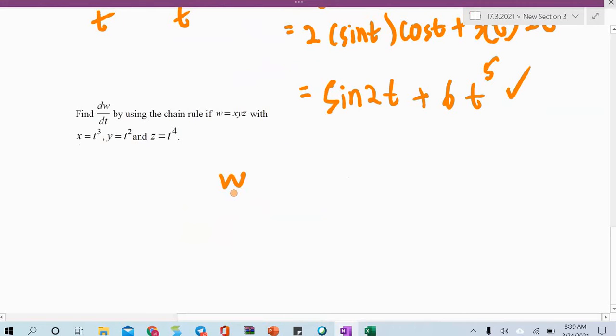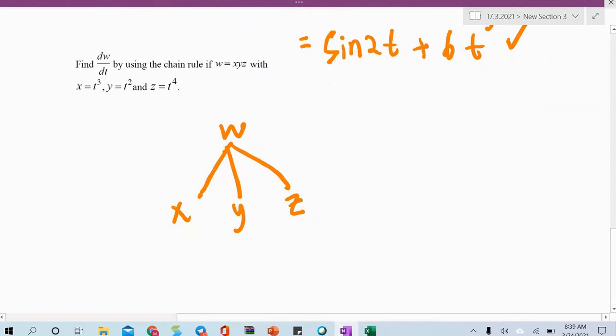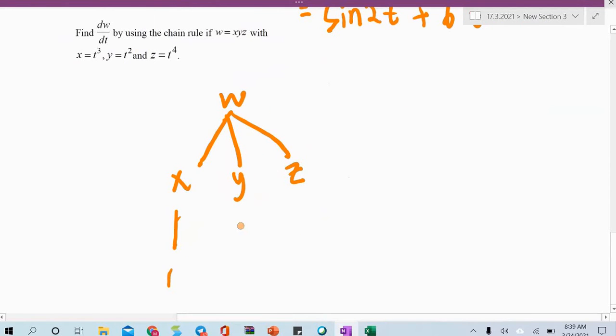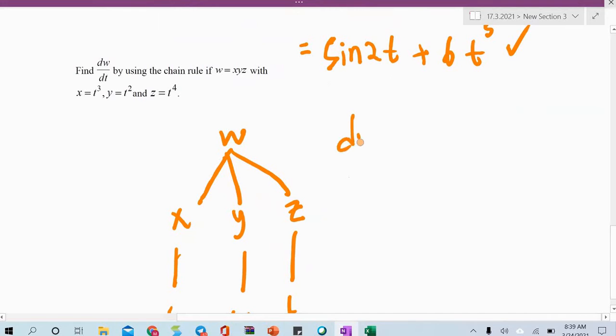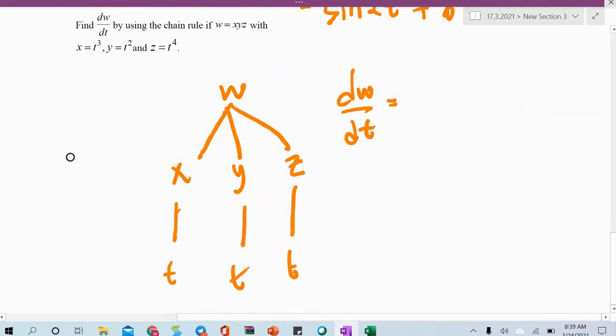W, X, Y, Z. W is a function of X, Y, Z, and they are functions of T. So they ask you to find dW/dt, then you have to cross these three intermediate sections.